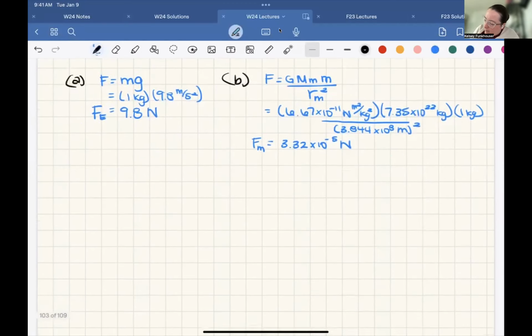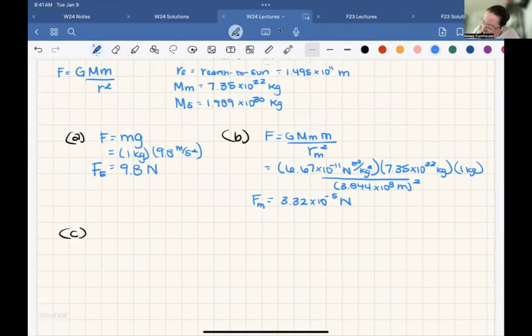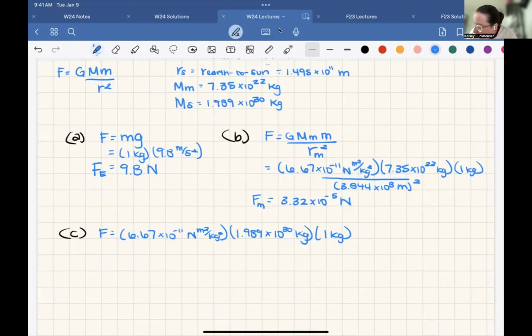And then finally, from the sun, the force: 6.67 times 10 to the negative 11 newton meter squared per kilogram squared for G. And then we have the mass of the sun, which is 1.989 times 10 to the 30 kilograms, and 1 kilogram for a cantaloupe. And then the distance between the Earth and the sun is 1.495 times 10 to the 11 meters, and that is squared.